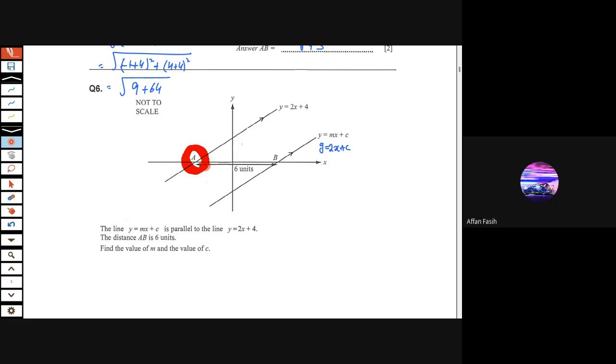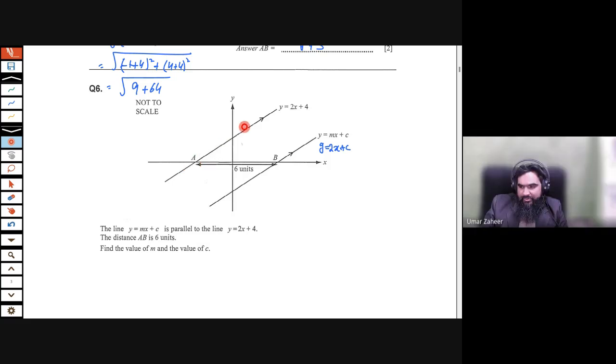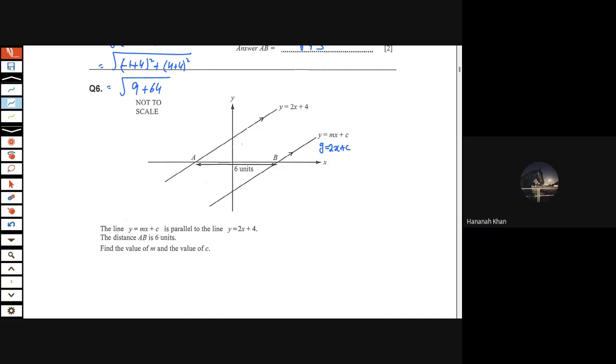So it's not rise over run, right? The equation is given. We need to find the coordinates of A. Can we substitute x as 0?